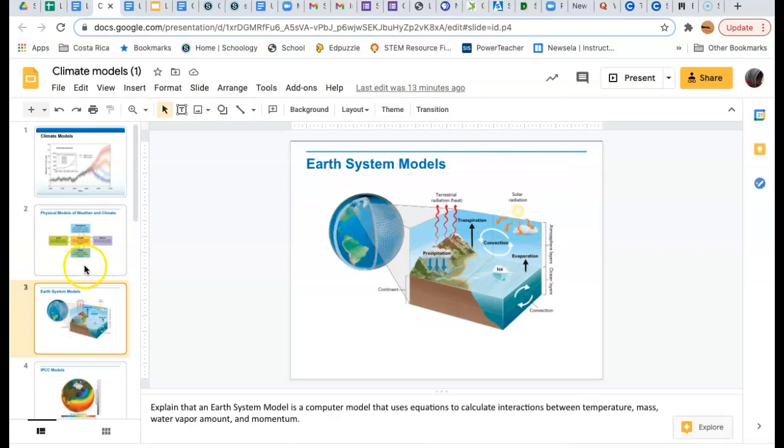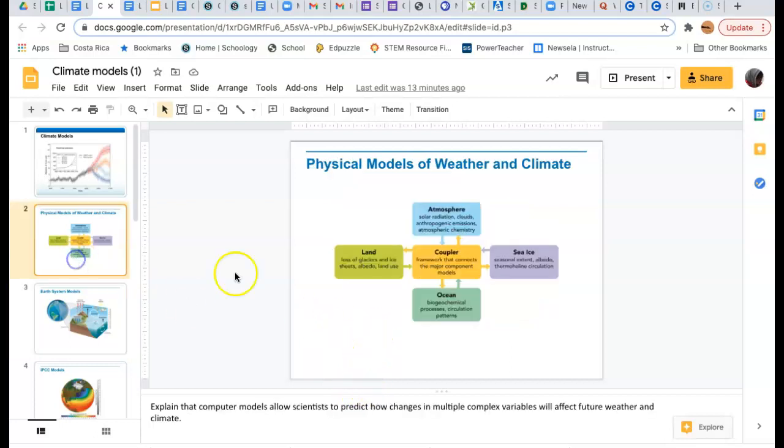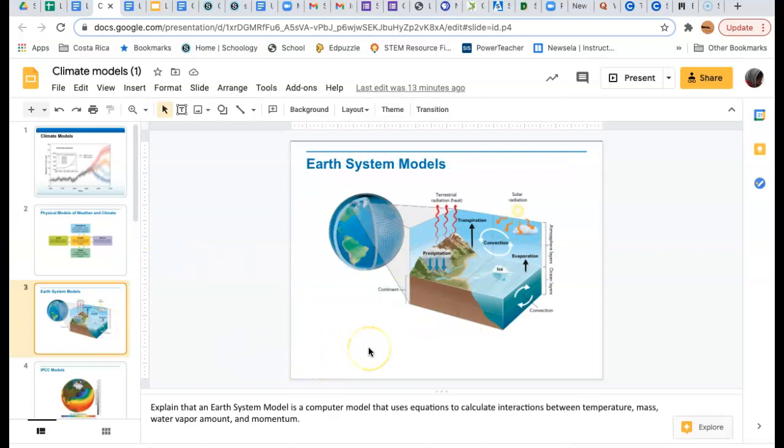All right, so let's talk about two really important models. The first model is called Earth System Models, and sometimes it's abbreviated as ESM. It is a computer model that uses several equations, right? So there's an equation for all those variables, used to make predictions.